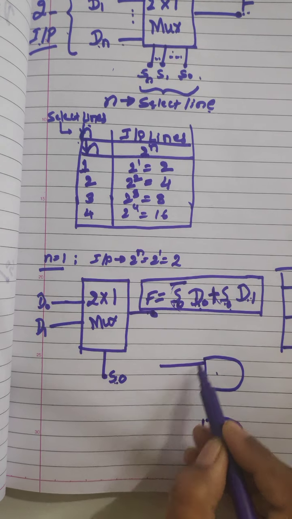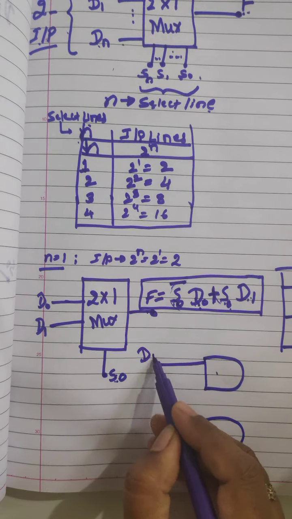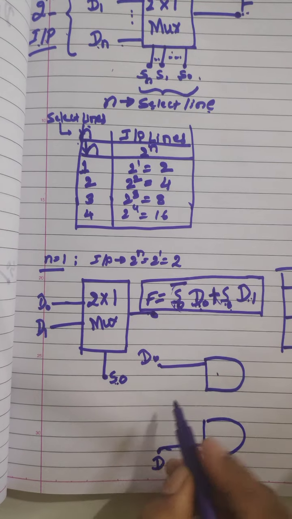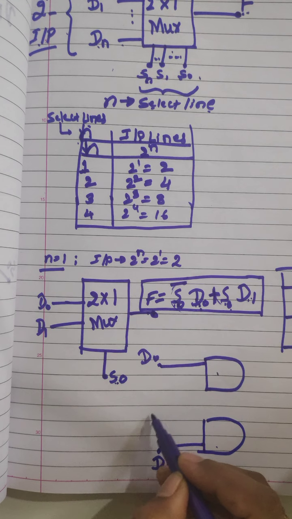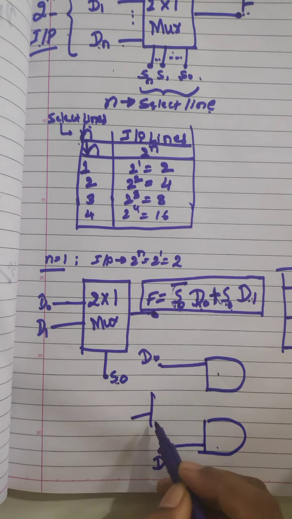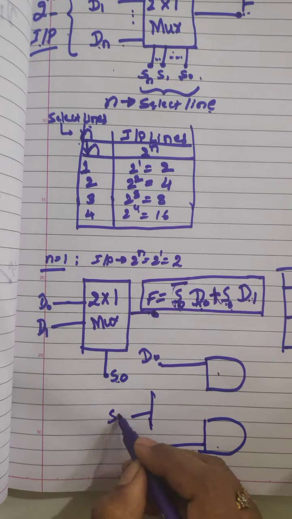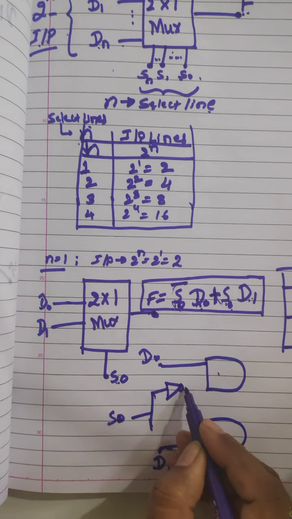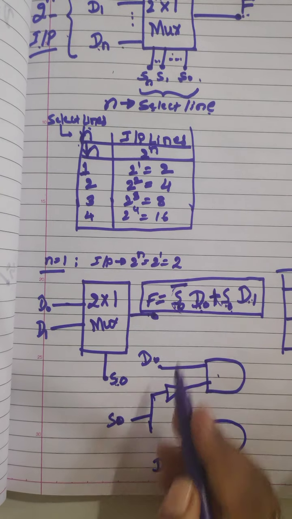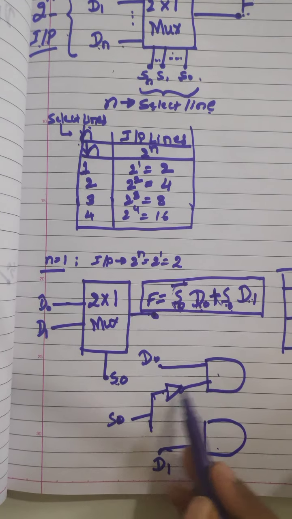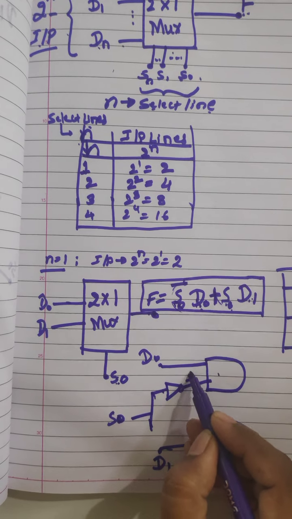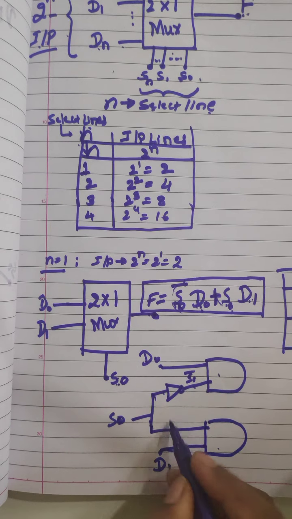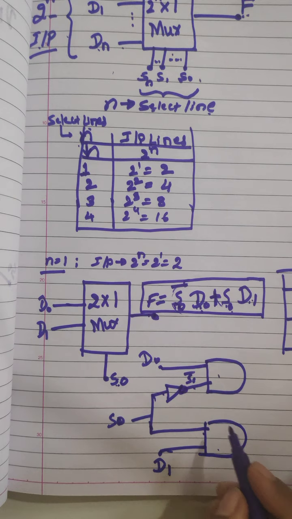To the first AND gate we give D0, to one more AND gate we give D1, and this is our S0. S0 bar goes to the first AND gate, and S0 as it is, with no NOT gate, is provided to the second.